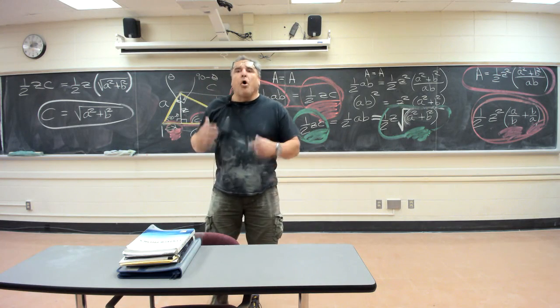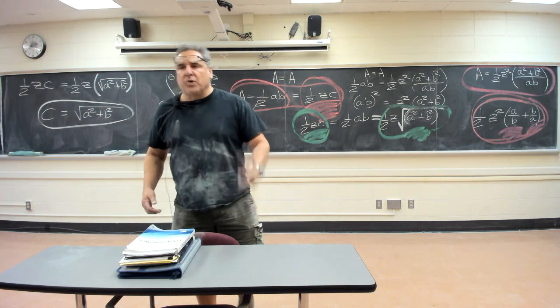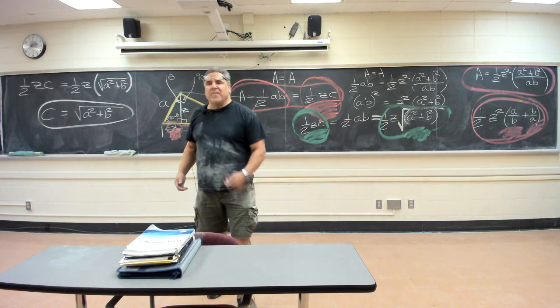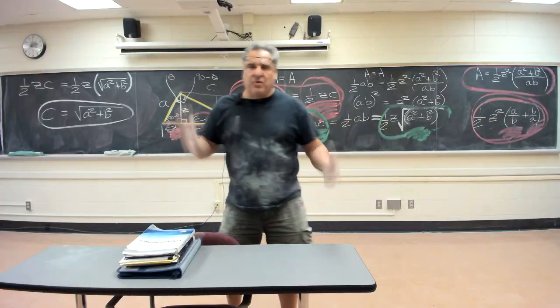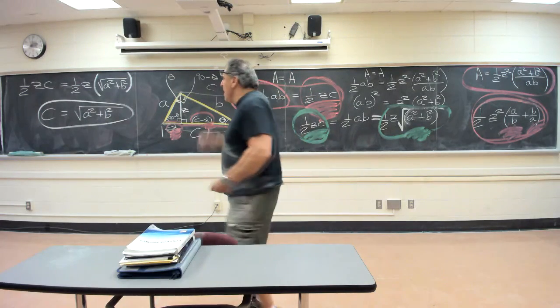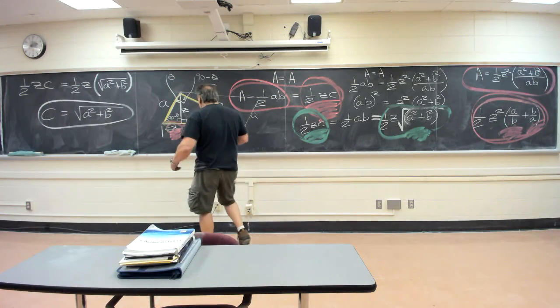That's for all three sides of similar triangles, regardless of whether they are right triangles or any kind of triangles where we can bring right angles in there. But notice, we just didn't play to that.